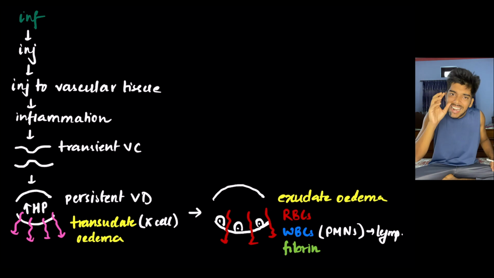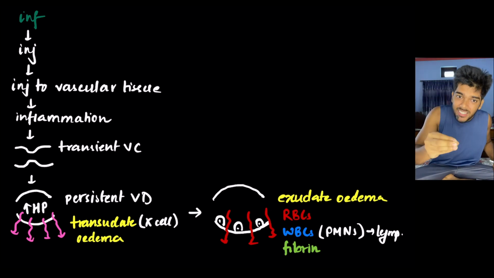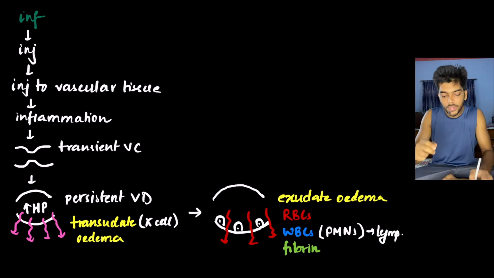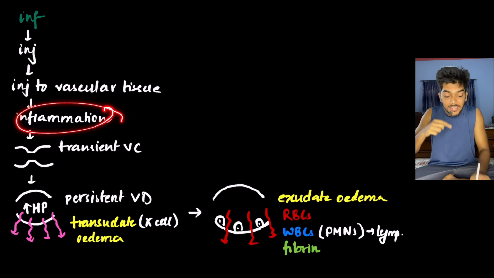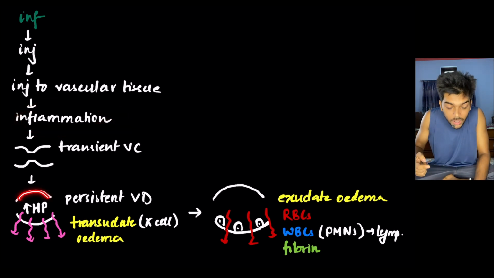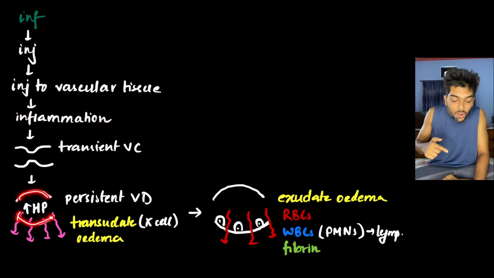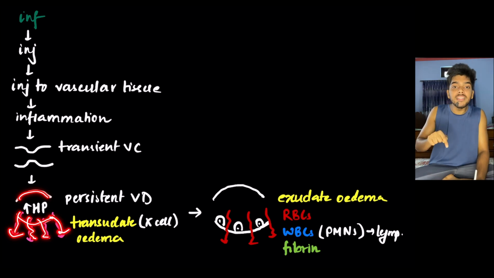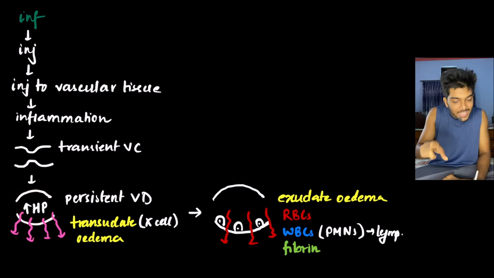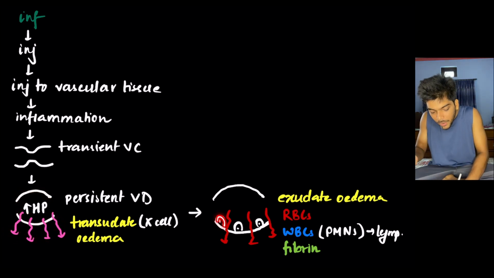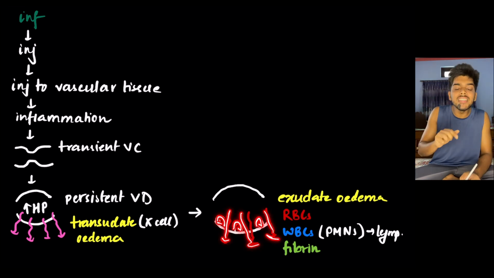If nothing, at least remember this much, that when there is inflammation, there is dilation of blood vessel, due to which transudate comes out. Transudate contains fluid, not cells. Later, due to increase in permeability, along with fluid, cells come out. This is exudate.